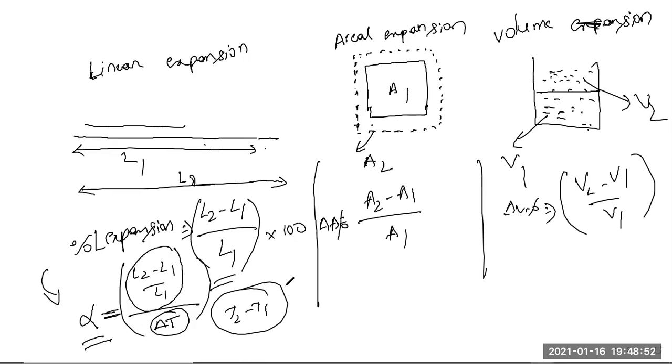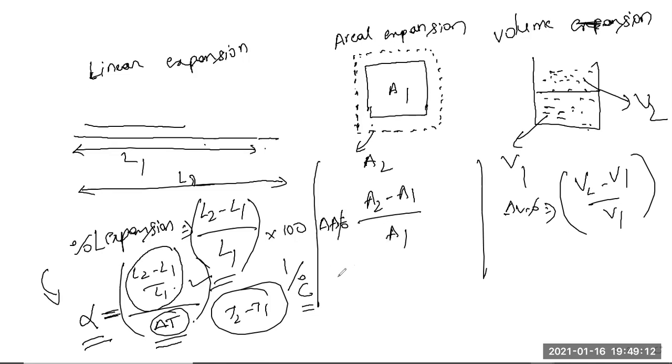Its units are per degree Celsius or per degree Kelvin, whatever it is, because meter per meter, centimeter per centimeter will get cancelled, there won't be any units on the numerator, but in the denominator there is a temperature difference, so it will be per degree Celsius or 1 by degree Celsius.